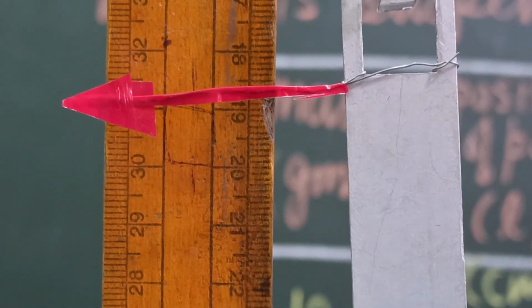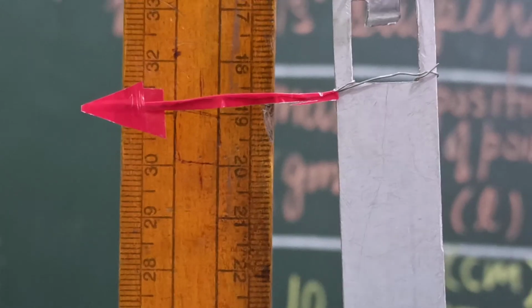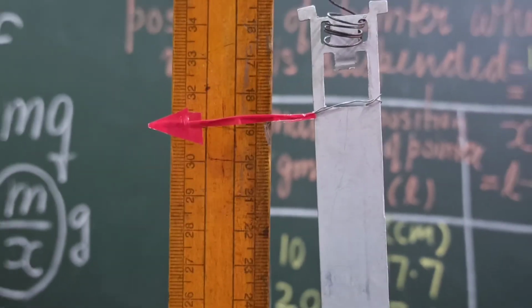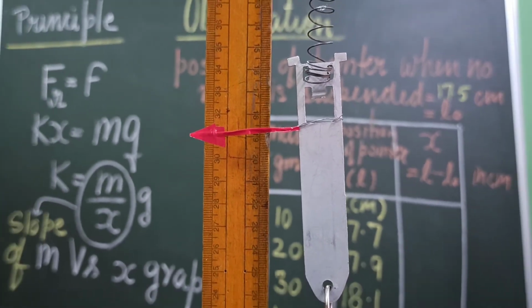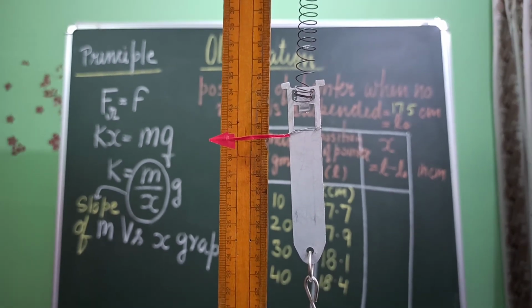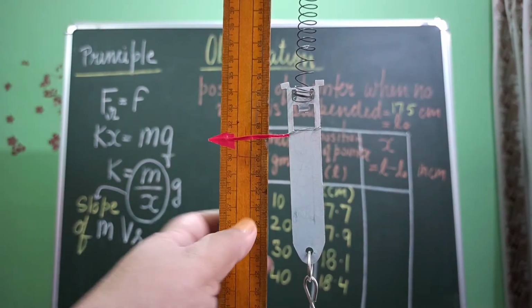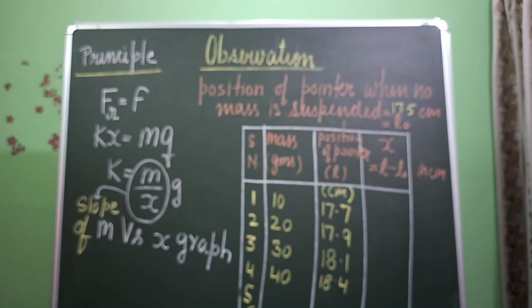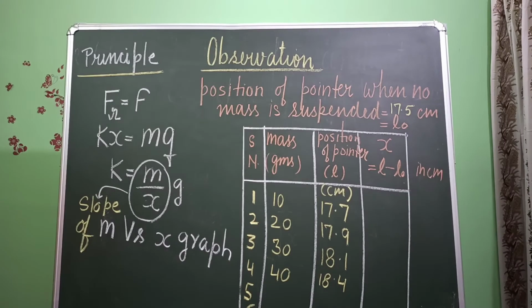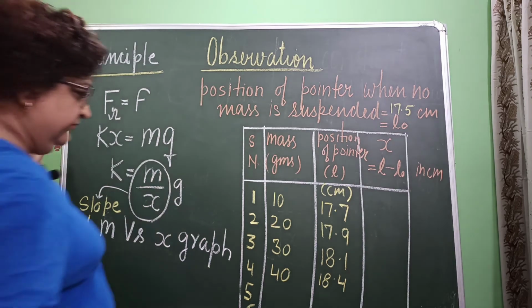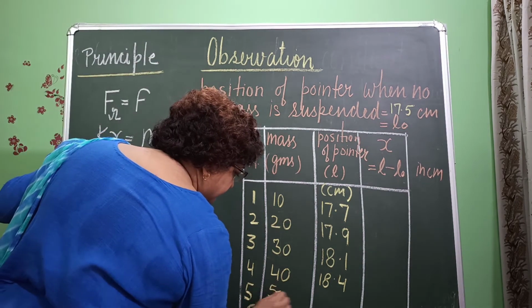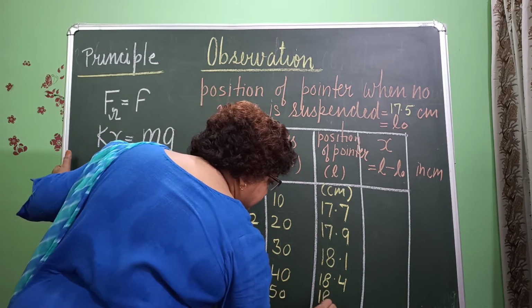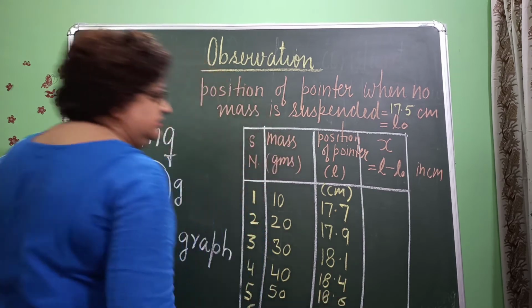So let me note down the reading by focusing our camera on the observation table, and I remove this apparatus in front of you so that now we can calculate the third column also. So let me write, it's 50 gram and the reading is 18.6 centimeter.